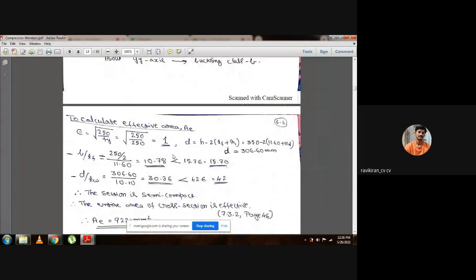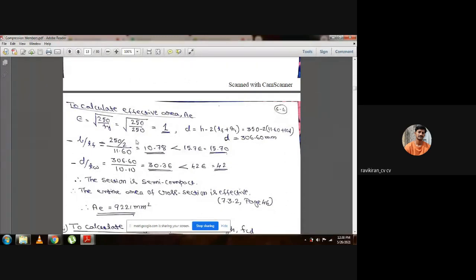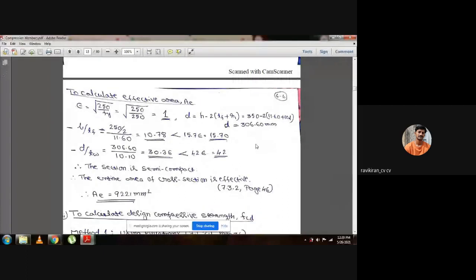So after that, we should calculate what is the effective area. So to calculate effective area from the table 2, epsilon value is square root of 250 by Fy, Fy is 250, so we got 1, and the effective depth, that is after deducting the thickness of the flange and root radius, we got this value, that is 306.6, and breadth to thickness of the flange ratio is 10.78, which is less than 15.7 epsilon.